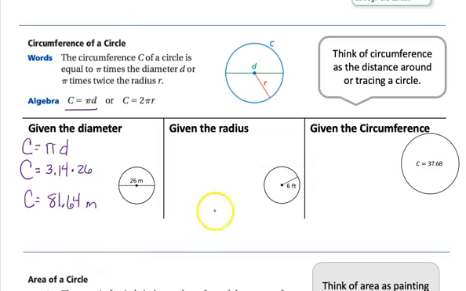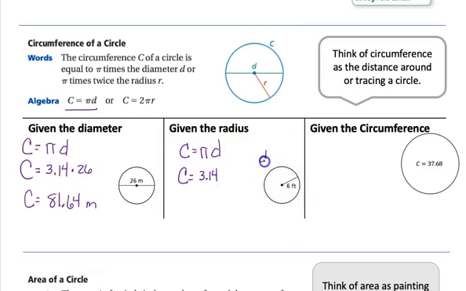Now, what if we've been given the radius? Well, we're going to use the exact same formula we were using a second ago. This is the one they give us, so circumference equals pi d. So the circumference equals, for pi, I'm going to type in 3.14. And for the diameter, well, they didn't give me the diameter. See, they only gave me half. They gave me 6.